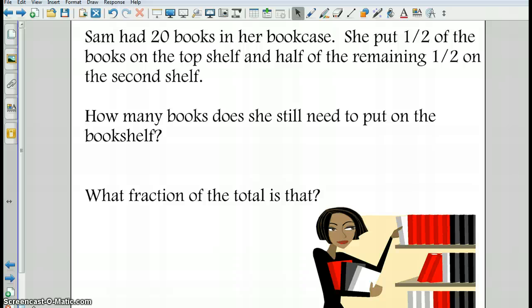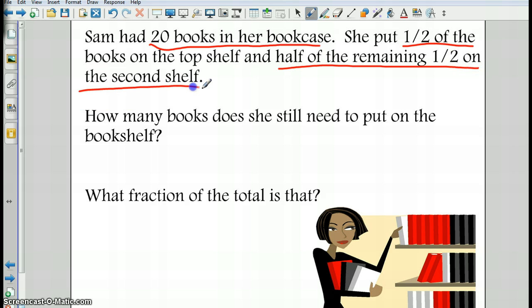All right. After pausing the video and getting a chance to do it on your whiteboards, let's talk about how we would do this problem. Sam had 20 books in her bookcase. She put 1/2 on the top shelf and 1/2 of the remaining on the second shelf.